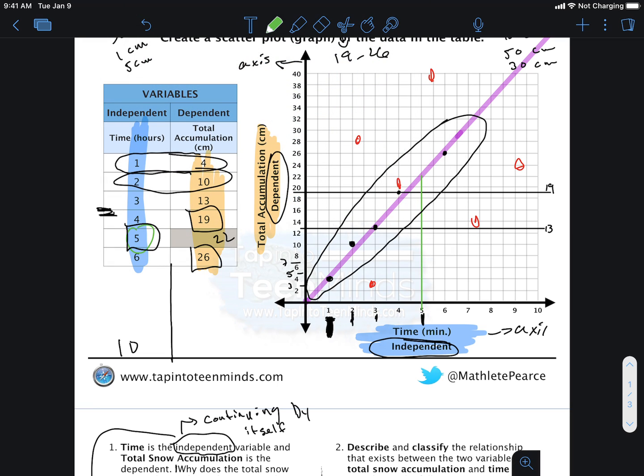So wouldn't that be interpolation? No, because it's not in the table. 10's not in the table. My data stops here, right? I don't have any more data past this point. Oh, yeah, that makes sense. So anything past it is extrapolation. Yeah, past 6 is extrapolation.